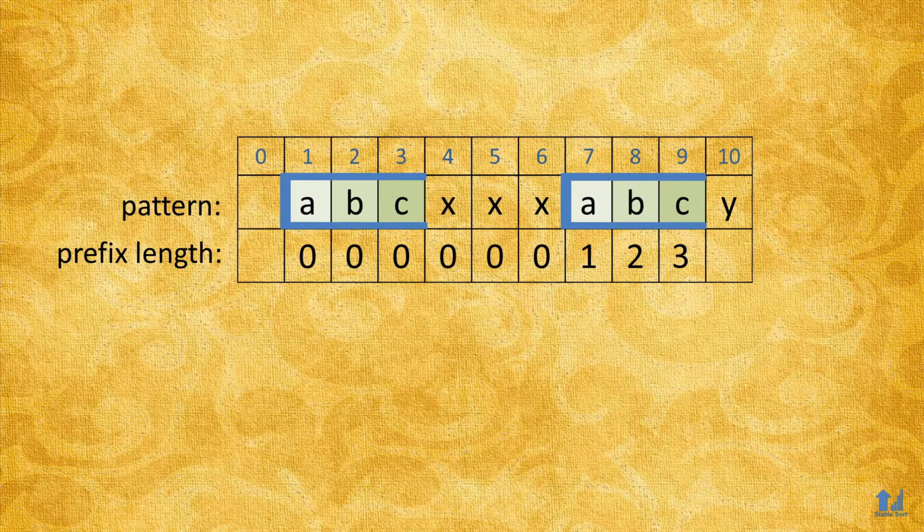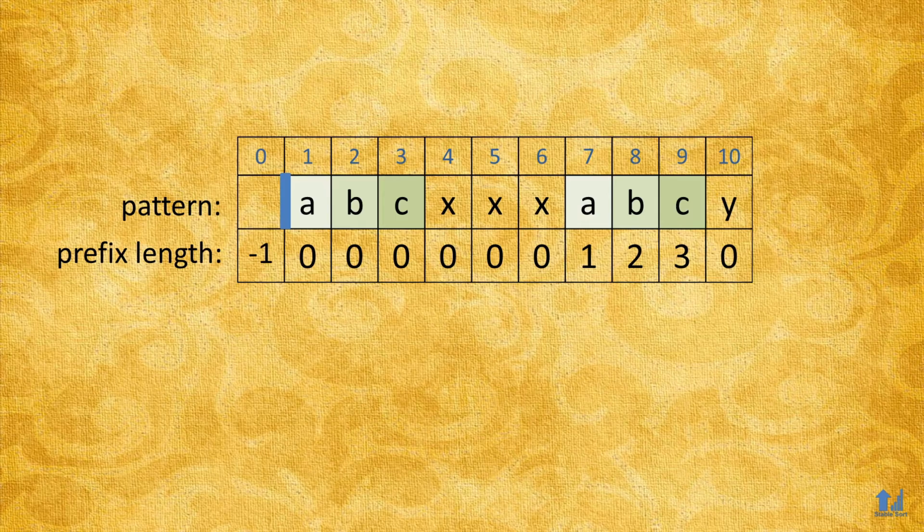The next character C extends the prefix once more to 3, but that's where the match ends. The character Y does not continue with the prefix, so the longest prefix value becomes 0. By the way, the prefix length at index 0 is -1, and this is just for convenience. Some implementations don't actually require it.